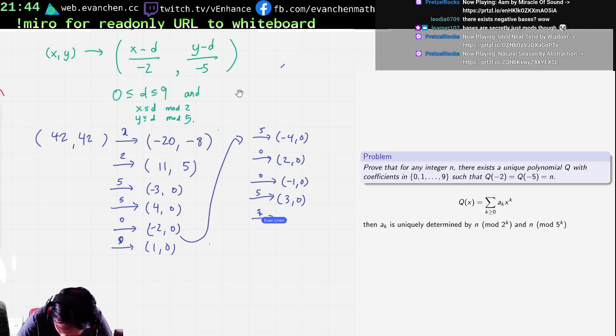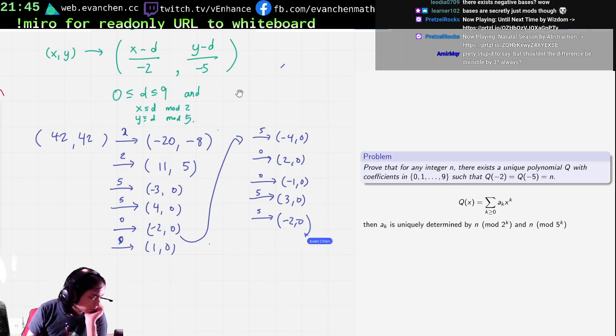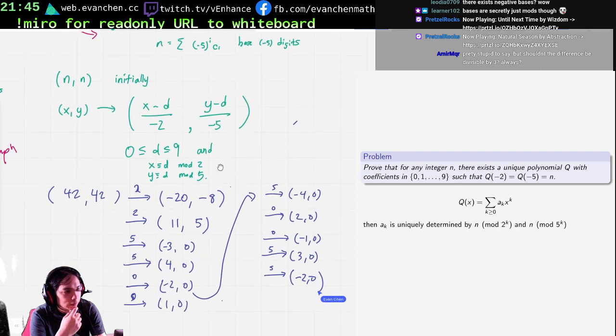There's no terminating. I need to get the number 5 eventually. That's the end goal. Three. Something's wrong. It didn't terminate. Shouldn't the difference be divisible by 3 always?